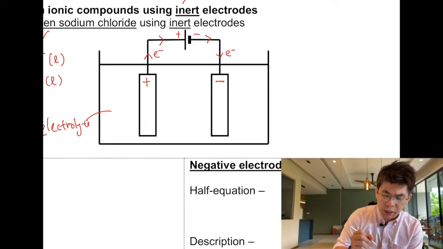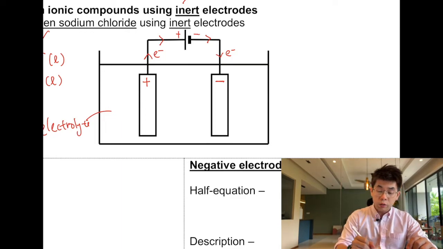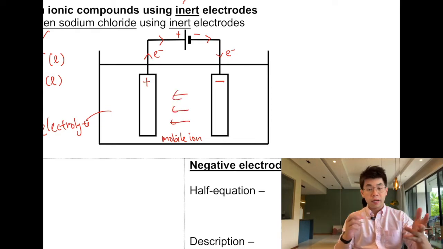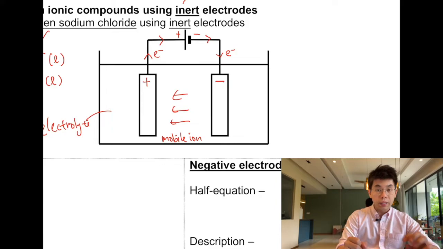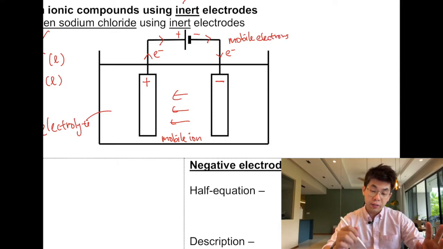So then you might ask, Mr. Benjamin, how does the solution conduct electricity? The solution conducts electricity using mobile ions. So mobile ions will flow in the electrolyte, but at the top here, in the copper wires and the electrode, it is mobile electrons. So you must understand that there's a difference in the way electricity is conducted in the circuit.